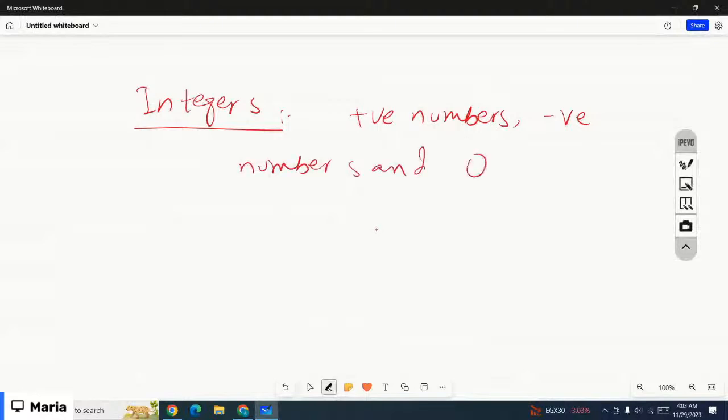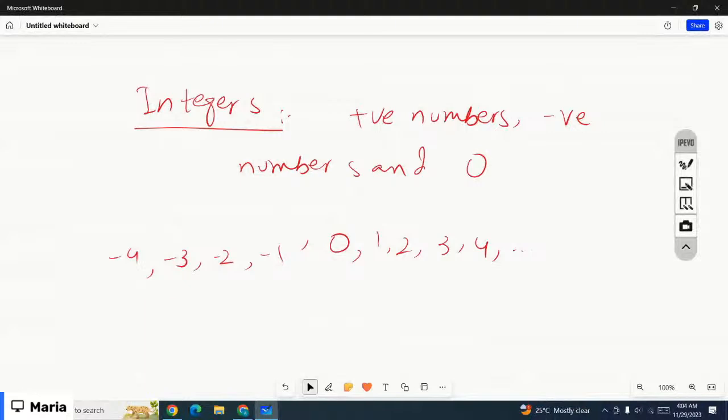Here you have 0. On the right hand side, you have all positive numbers 1, 2, 3, 4, and so on. On the left hand side of the 0, you have all negative numbers. They are negative 1, negative 2, negative 3, and negative 4, right? So these are the integers. They include positive numbers, negative numbers, and 0.